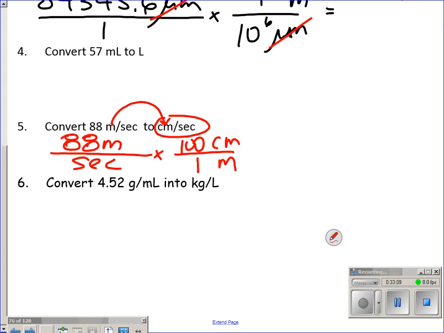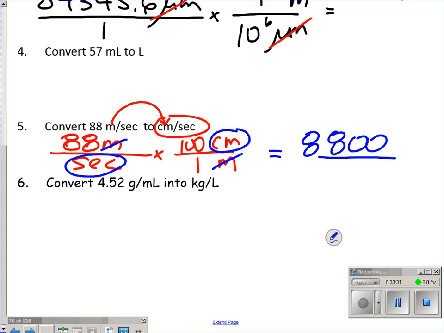Okay, what unit cancels? Meters, and what units are left? So I hear centimeters are left and seconds are left, right? So in the end, we're going to have whatever 88 times 100 is. What is that? 8,800, right? And then what units? Centimeters per second.